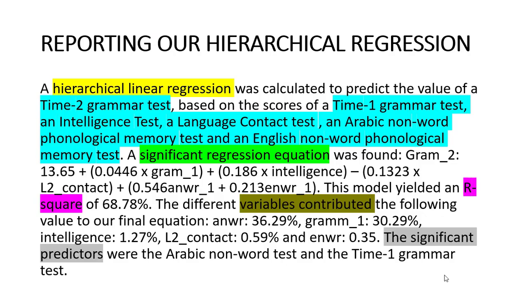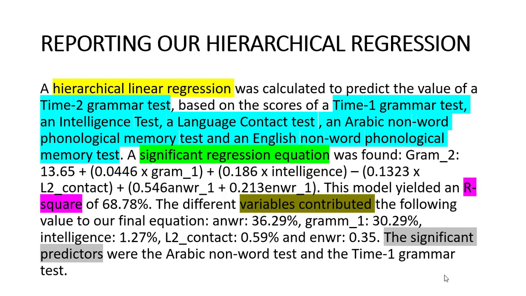The last item to discuss in our program today is the way that we're going to report our findings. So this is the way that we will report what we did. I'm going to read through this and then I will explain what parts we have here. A hierarchical linear regression was calculated to predict the value of a time 2 grammar test based on the scores of a time 1 grammar test, an intelligence test, a language contact test, an Arabic non-word phonological memory test, and an English non-word phonological memory test.